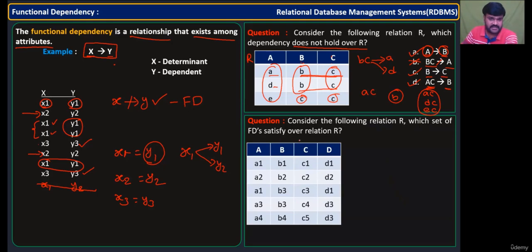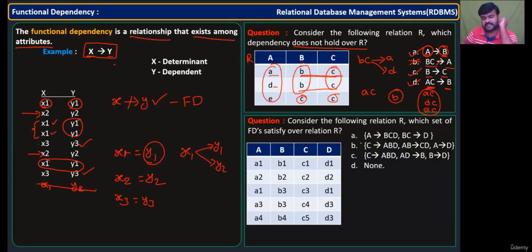This is the table given, and these are the four options. Here, instead of one functional dependency, in each option he has given more than one FD. So if all FDs are satisfied, then that is the answer. Let us simply check. A derives BCD.